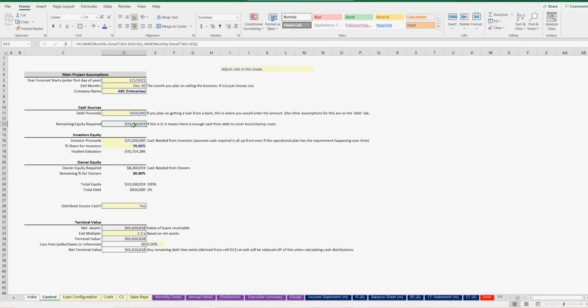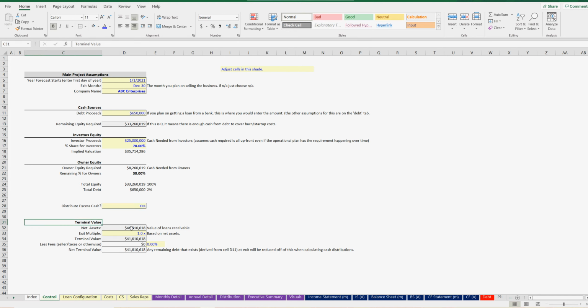Then based on that, you can define how much of the money you need is coming from investors, the share of profits they get, the amount of cash coming from owners, and then the resulting share of them is any left over. Equity and debt percentages, distribute excess cash. I'll get into this later. I have to explain other tabs first.